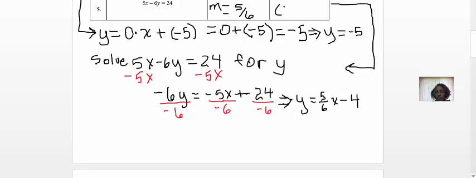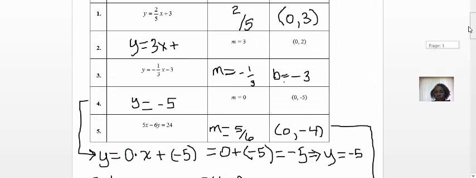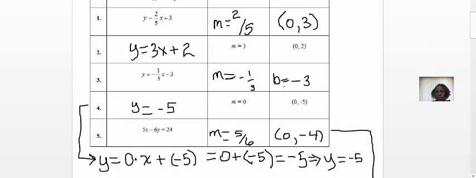And my y-intercept is the point 0, negative 4. b is negative 4. And I'm going to go back and put this in the form that all the other entries in this column are in, this third one.